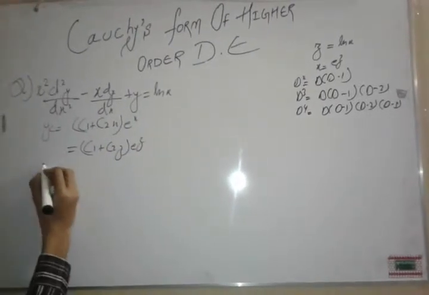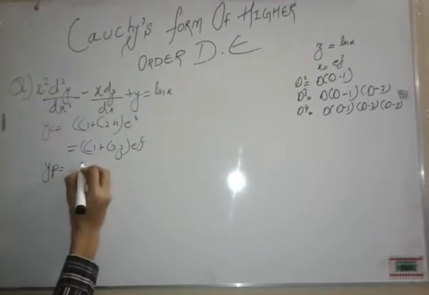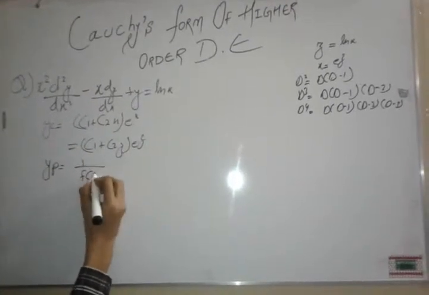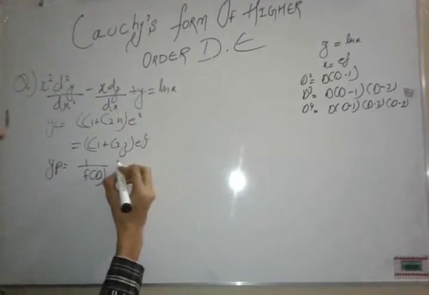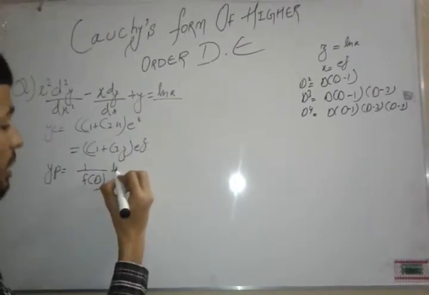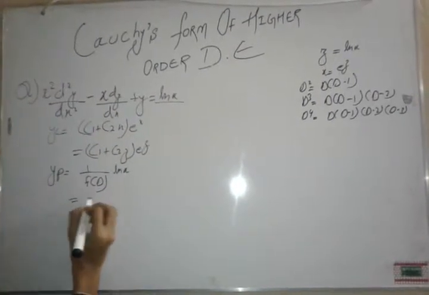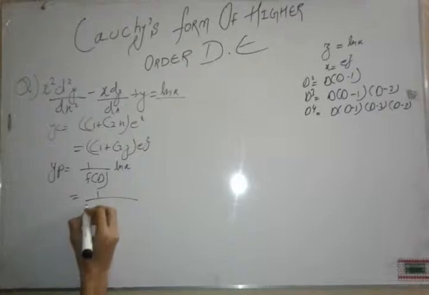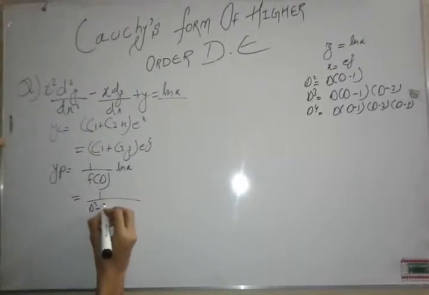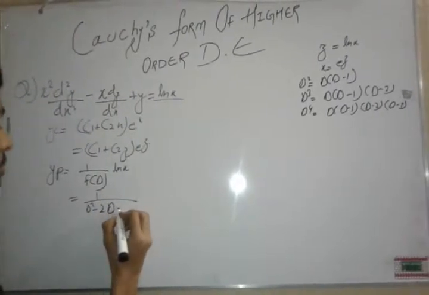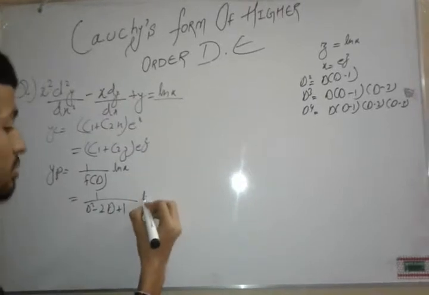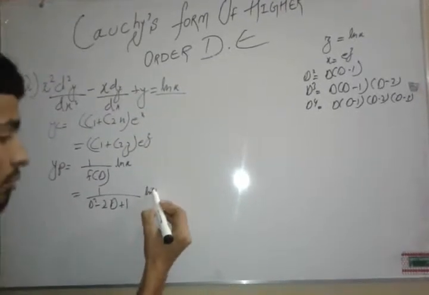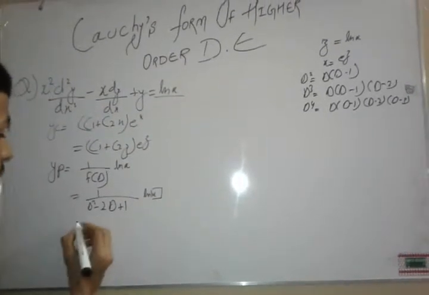Now for yp, we know the formula. yp is equal to 1 over f of D into this part, ln x: 1 over (D square minus 2D plus 1) and this part ln x. Now we will replace this in terms of z.